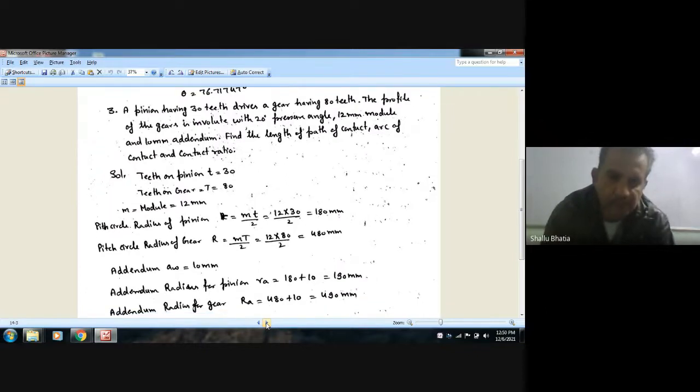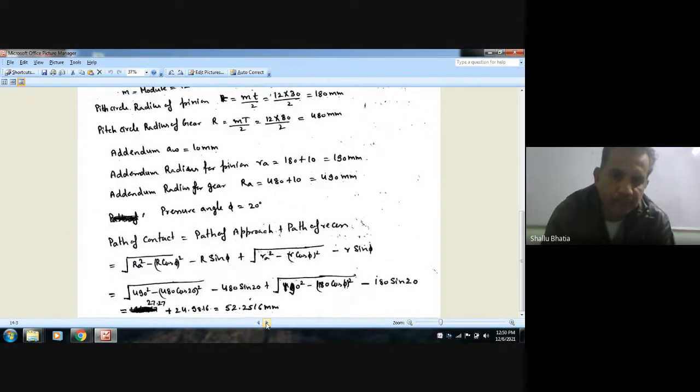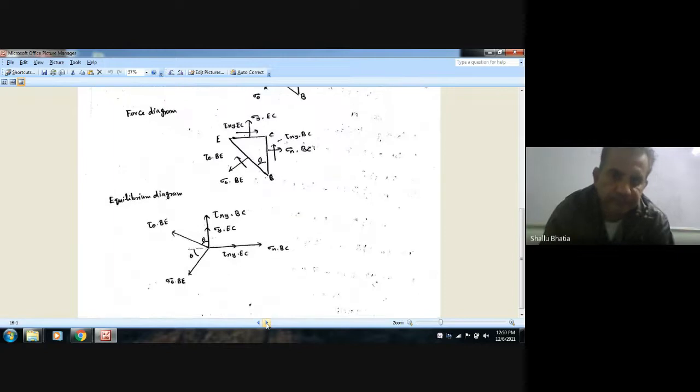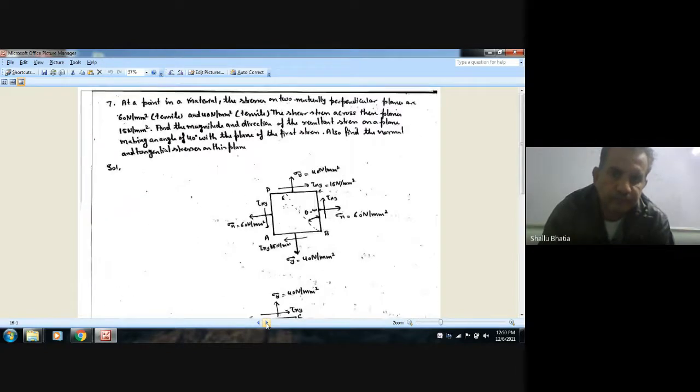Next question. At a point in a material, stresses on two mutually perpendicular planes are 60 Newton per mm square tensile and 40 Newton per mm square tensile.